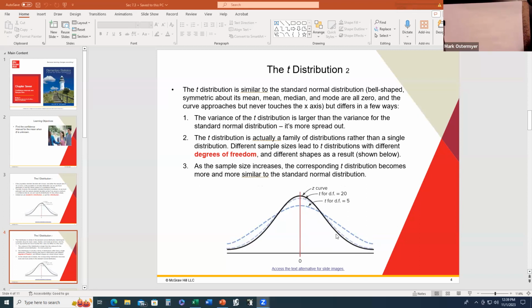And as your sample size increases, the sample means of the sampling distribution tends to become very concentrated around the mean. For that reason, the student t distribution curve becomes more pronounced with its amplitude. Okay, less flat, less splayed out.